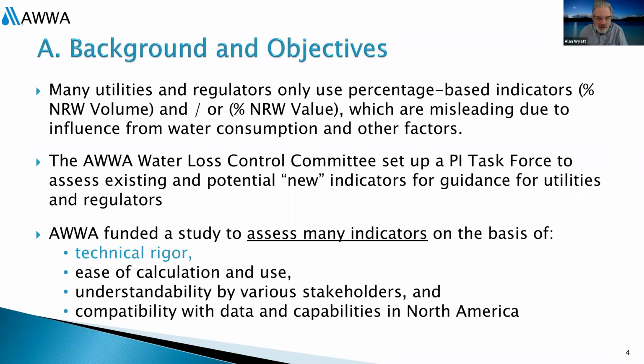Technical rigor, which I will explain what exactly I mean by that. Ease of calculation and use, understandability by various stakeholders, and compatibility with data and capabilities in North America. In other words, you don't want to make it hugely complicated to determine an indicator.